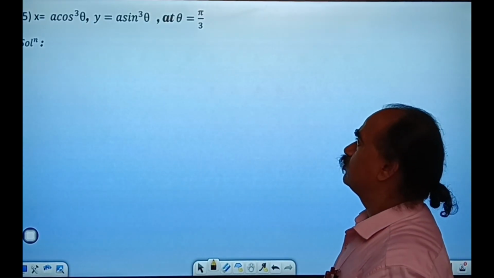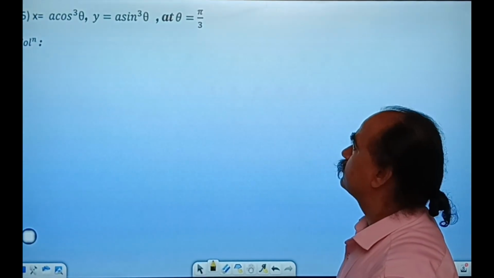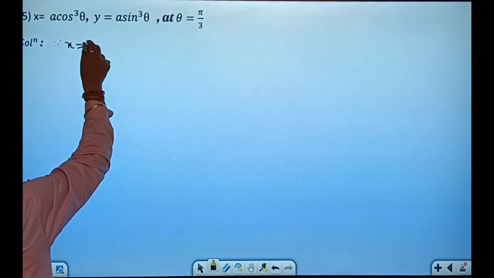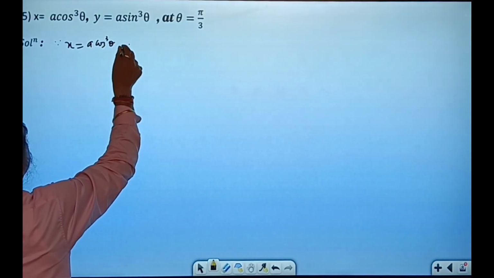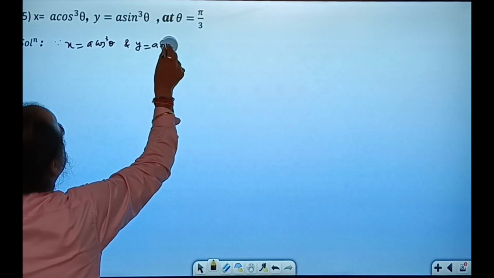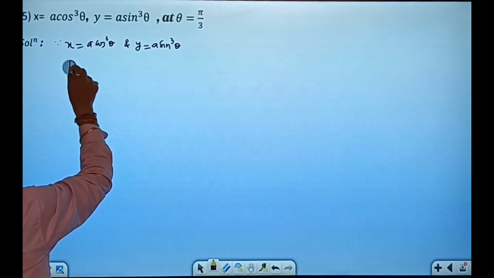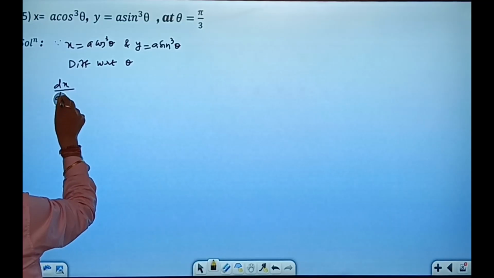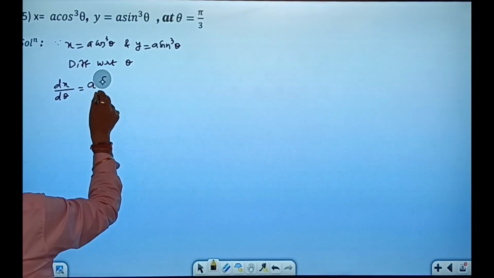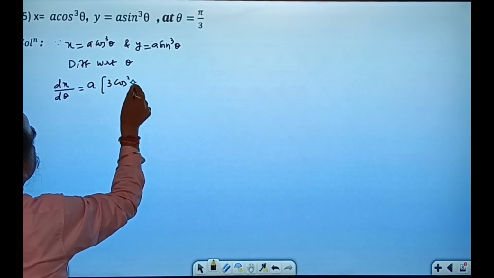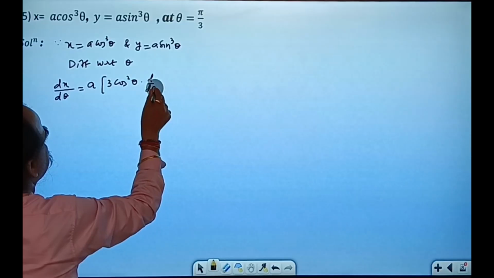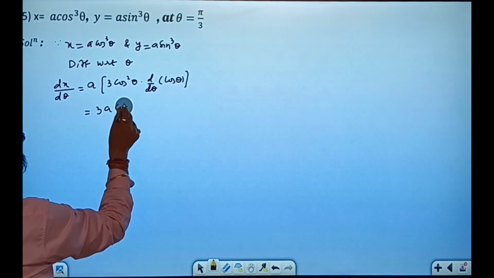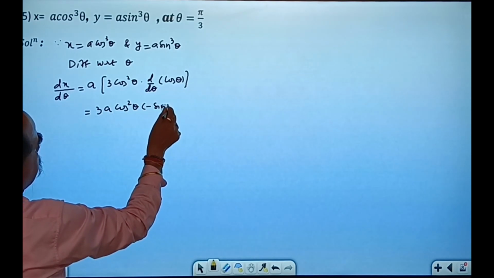x is a cos cube theta and y is a sine cube theta, at theta is equal to pi by 3. Since x is a cos cube theta and y is a sine cube theta, differentiating with respect to theta. So the derivative of x with respect to theta is what? A constant, take outside, 3 cos square theta into d by d theta of cos theta. 3a cos square theta into minus sine theta.